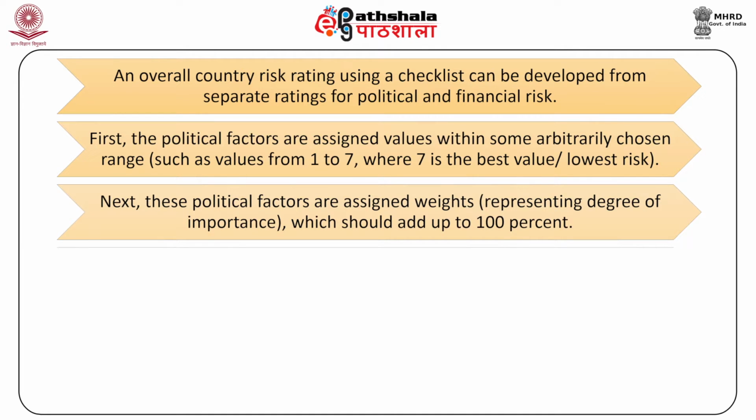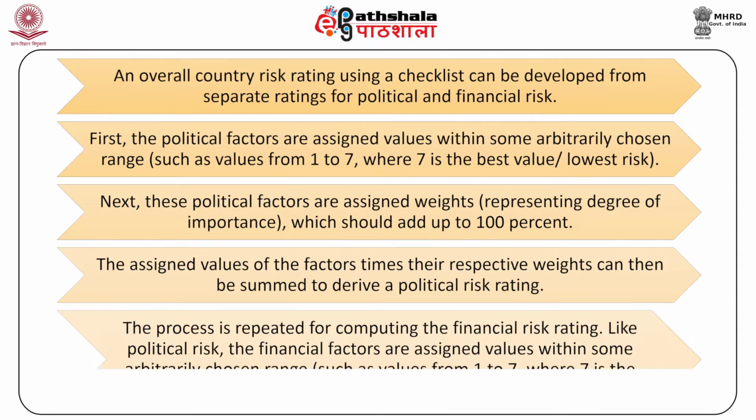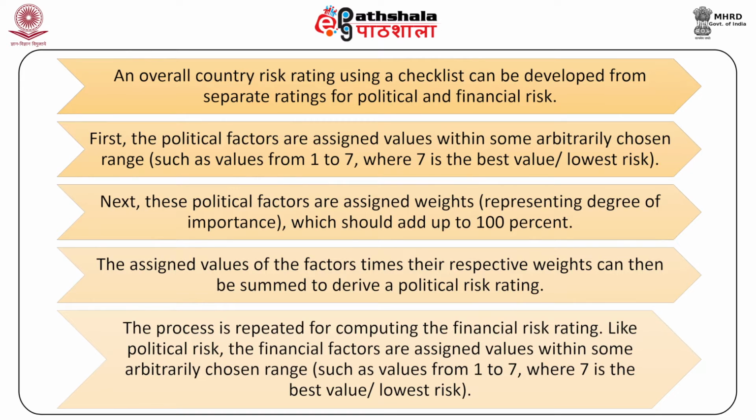Next, these political factors are assigned weights representing degree of importance, which should add up to 100%. The assigned values of the factors times their respective weights can be summed to devise a political risk rating. The process is repeated for computing the financial risk rating.